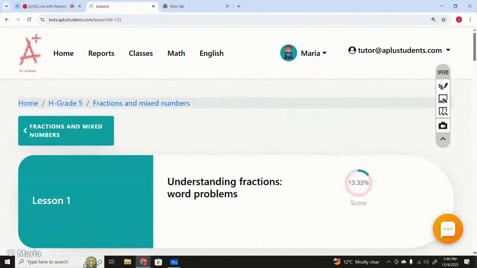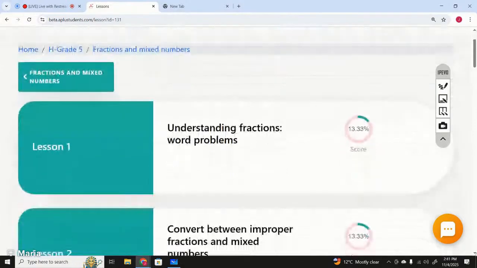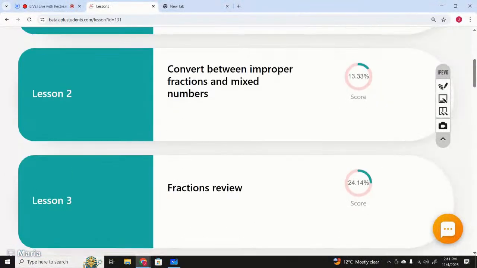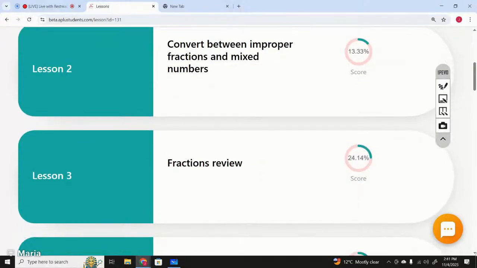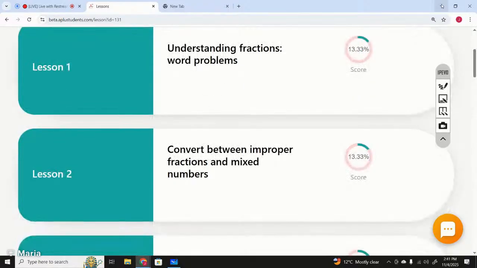The lessons we have covered today are understanding fractions, word problems, convert fractions and mixed numbers, fractions review, and reciprocals. So please make sure before the next session you complete all the practice questions for the lessons we just did. That is your homework until next session.